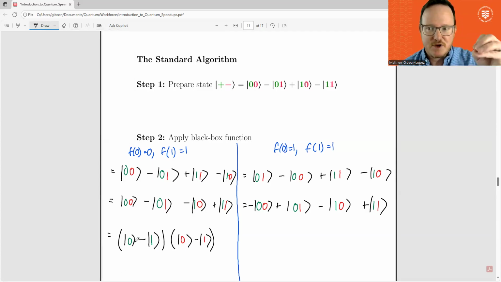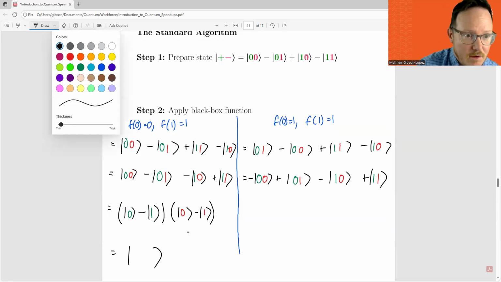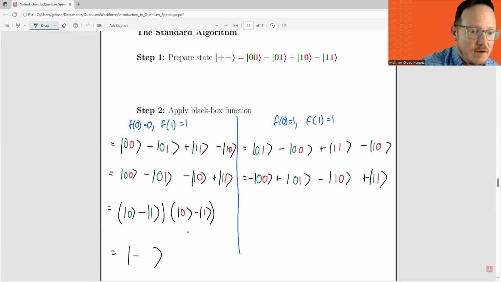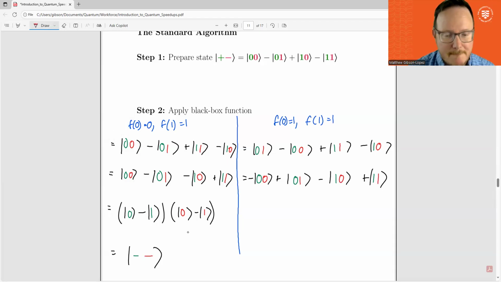So the input qubit is in the state 0 minus 1, and the output qubit is in the state 0 minus 1, which is the state minus, because the signs disagree. The green qubit is minus, the red qubit is minus.